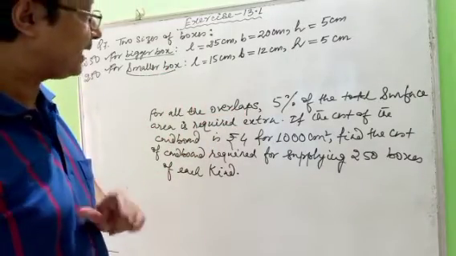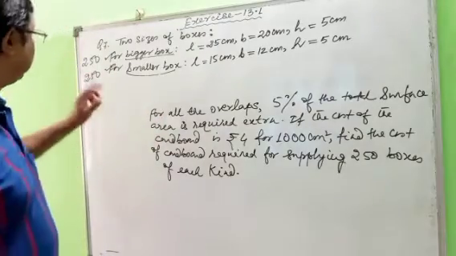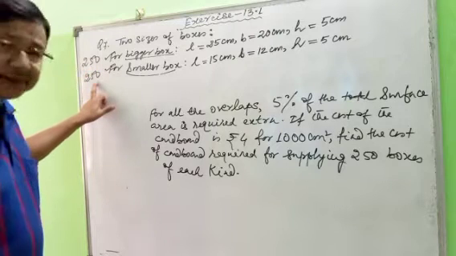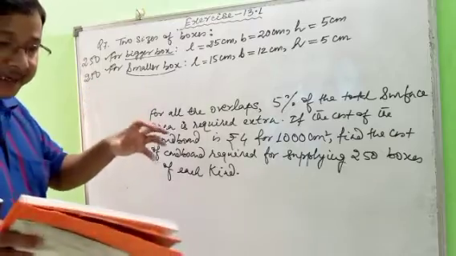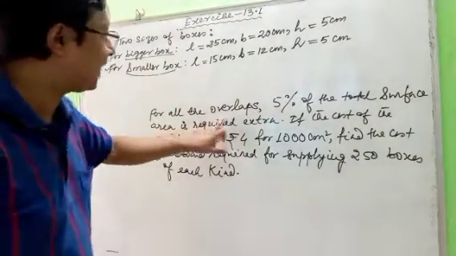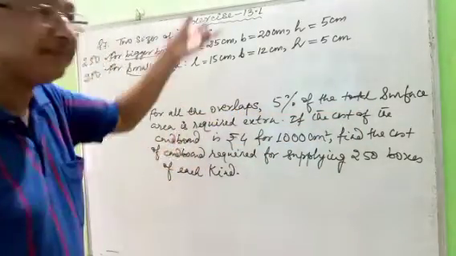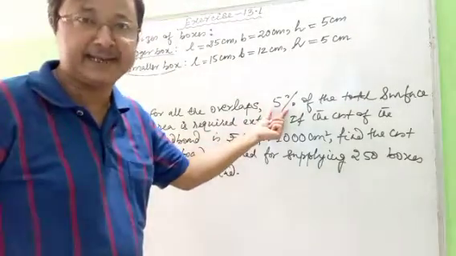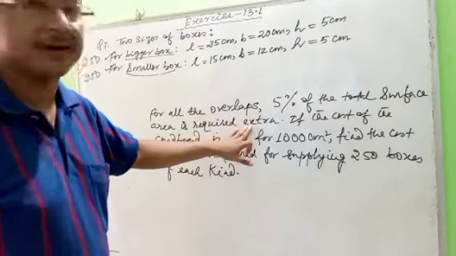So by adding their areas, that is the total surface area of 250 bigger boxes and that of the 250 smaller boxes, whatever total area you get, you are going to find 5% of the total surface area, and that one you are going to add because that is the extra.